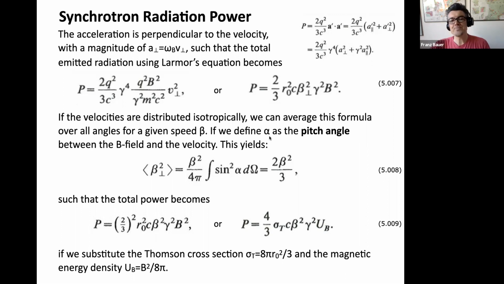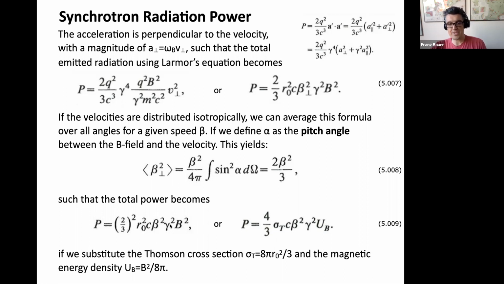And so we can sum over this. So if we assume that the average perpendicular velocity component, now written as a function of beta, is just this integral over this pitch angle and the solid angle, this integral becomes this thing. And so the total power coming out looks something like this.